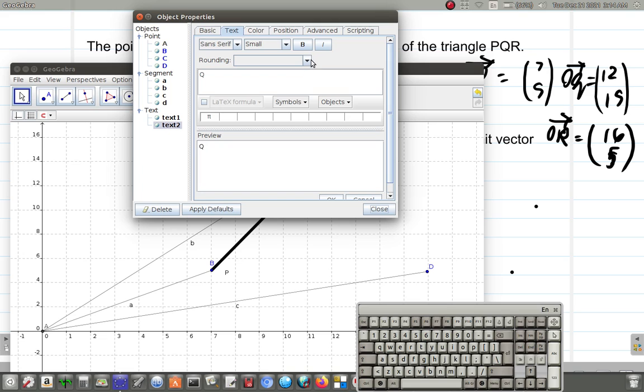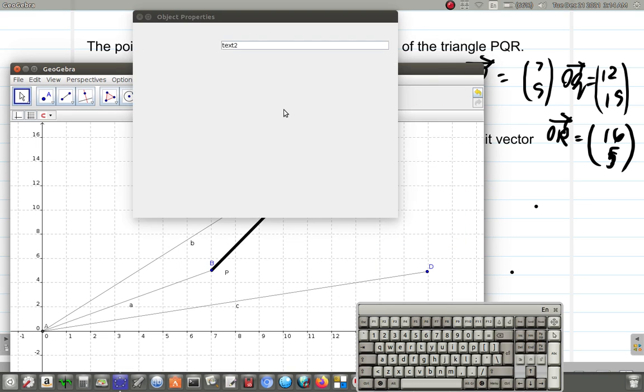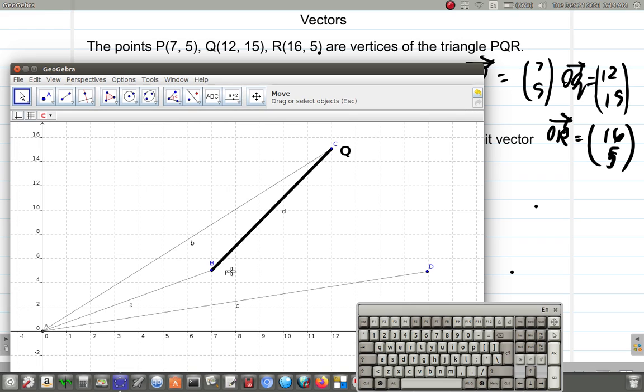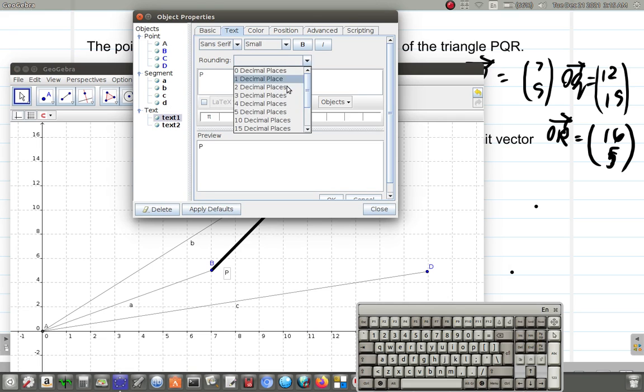It's my text. I'll have it bold. I can adjust it. Make it large. Nice. So this is my Q. Medium. And then this is P. I'll make it medium as well.